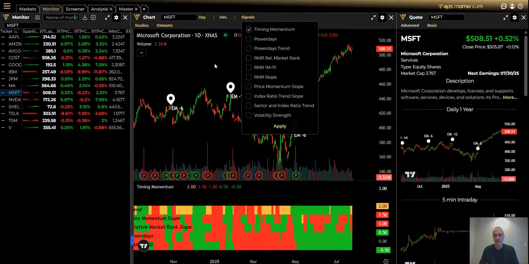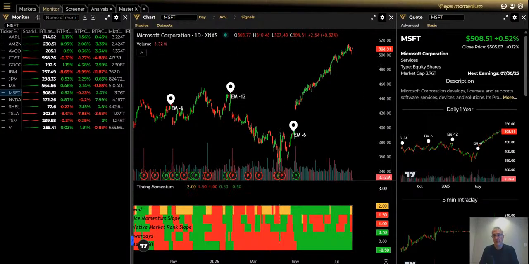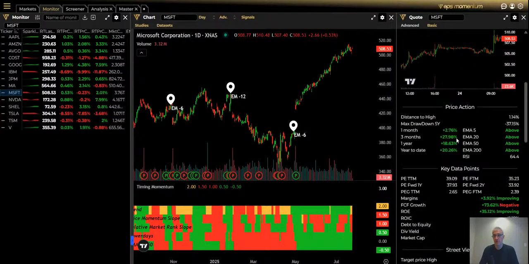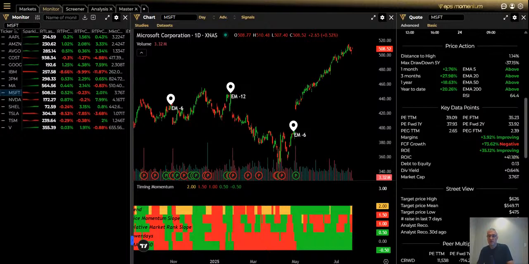but for now I want to show you the breadth of all the tools. So I mentioned the quote on the side. I can look at the quote, enter the chart, historical chart, price action, max drawdown, key data points, so the PE trailing 12 months, but also the PE forward 12 months. That's based on estimates.